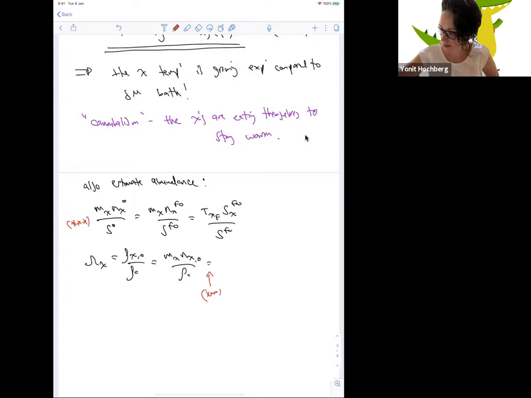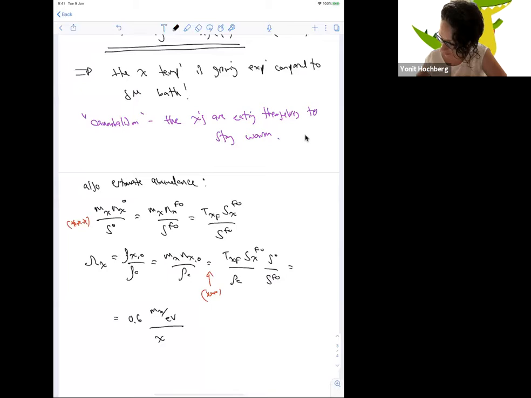And what we have is T chi at freeze out, S chi at freeze out divided by rho critical, S naught divided by S at freeze out. I've just carried over from the previous line, and if you plug in all of the numbers, including all the order-one factors, what you find is 0.6 m chi in eV units over x chi at freeze out, times S chi at freeze out divided by S at freeze out.